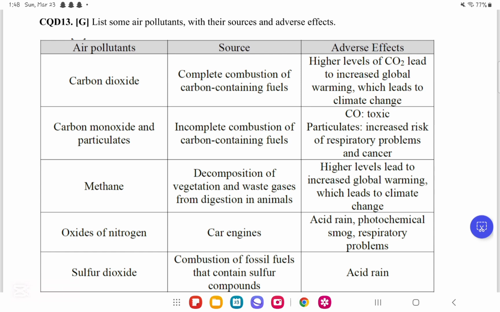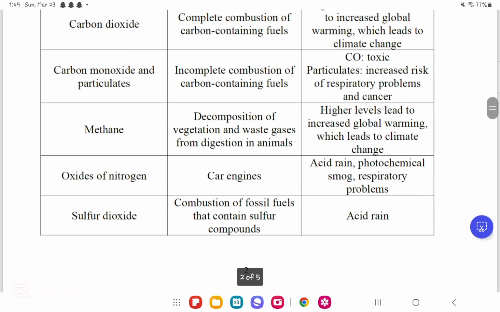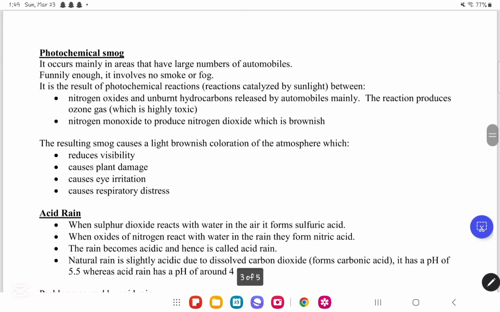Methane, you obtain it from the decomposition of vegetation and waste gases from digestion in animals. And then it leads to higher levels of global warming. Oxides of nitrogen, you obtain them from car exhaust fumes or car engines. They give us acid rain, photochemical smog, and respiratory problems. And then finally sulfur dioxide, which comes from the combustion of fossil fuels, and then you will get acid rain.